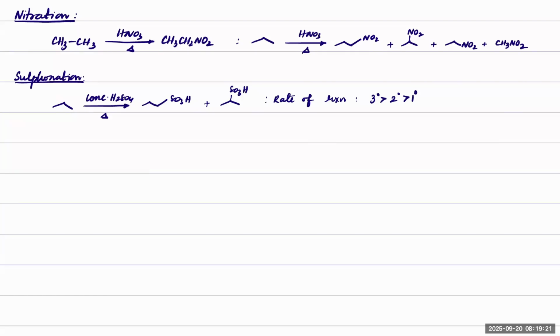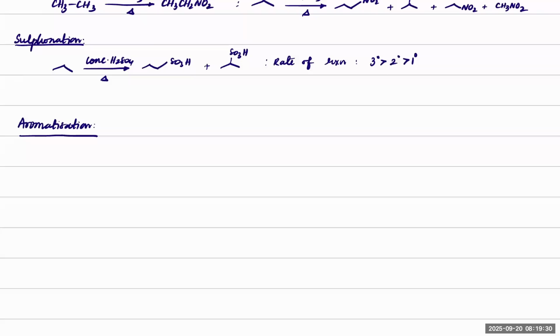Next one is aromatization. So if you have 6 carbons, on reaction with the reagent here, that is Al2O3, Cr2O3, MO2O3, or V2O5 and heat, this will convert into benzene.